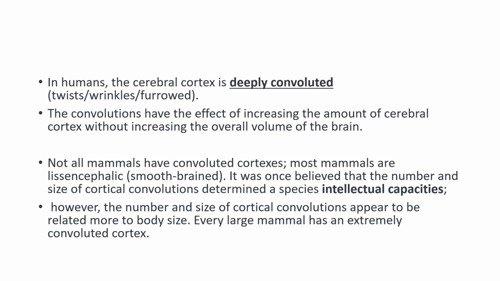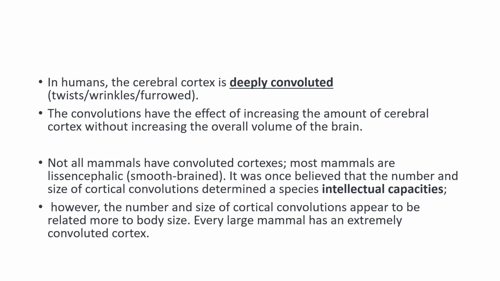Without increasing the size of the brain, we get a larger surface of cerebral cortex. It is like folding a paper into small folds, so that even a big paper having a huge surface can be folded into a smaller size. So it's said to have deep convolutions.